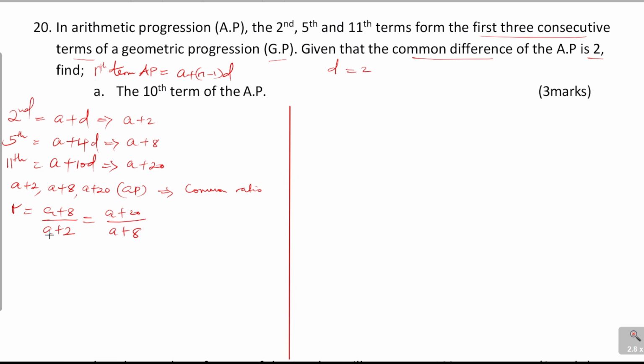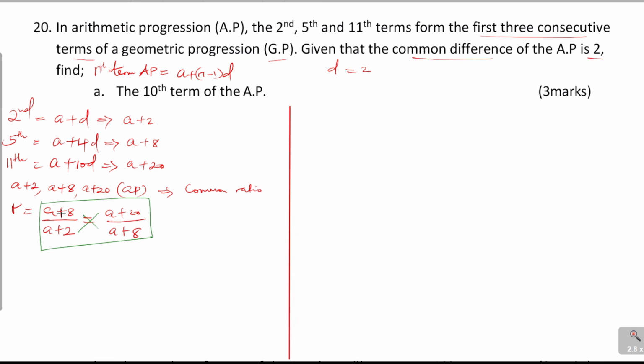So for a GP, there is a common ratio. For an AP, there is a common difference. Now, having these, we should be able to calculate the value of A. How do we get the value of A? By simply cross multiplying these.